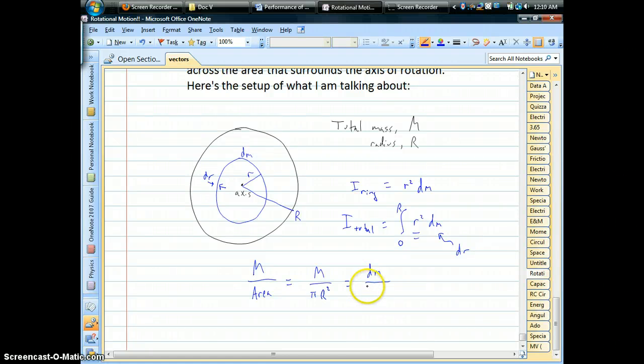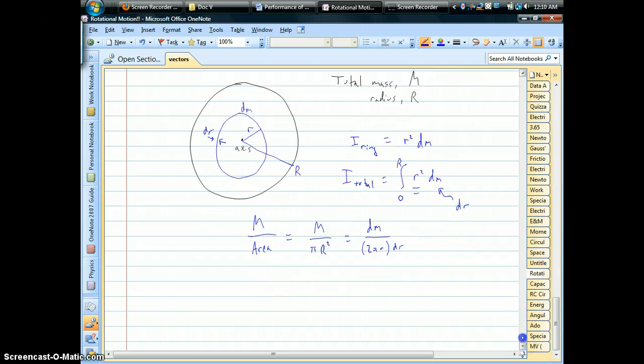Well, the length of that ring is the circumference, 2 pi r, and the thickness is dr, so circumference times thickness would tell you what the area of that ring is. So with these ratios, this is how we can get dm in terms of dr. If we solve for dm, we will have a constant total mass over total area of the disk, times 2 pi r times dr. Okay, the pi's are going to drop out.